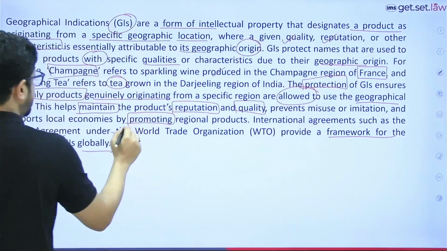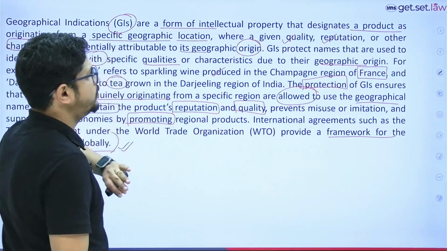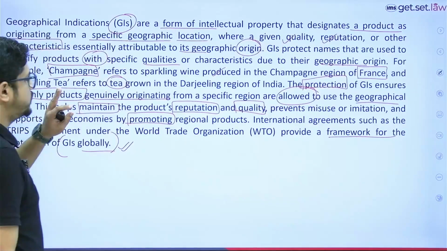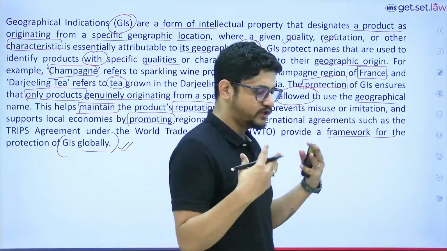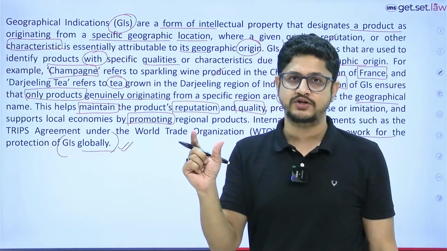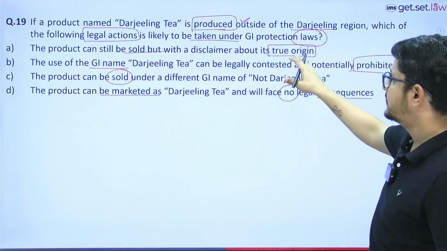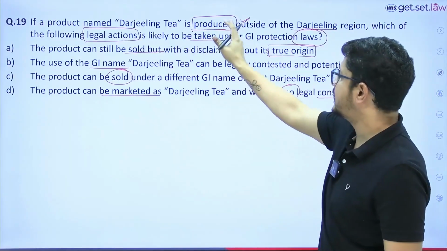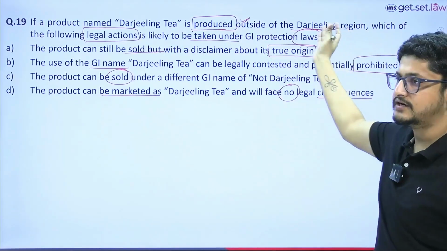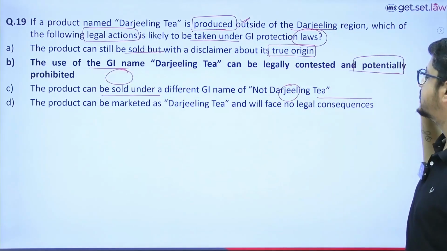They want to maintain this, they want to promote regional products, and it is not allowed to use the geographical name. Only those originally originating from that region can use it. Don't use the term Darjeeling tea unless you are the producer there. If the product named Darjeeling tea is produced outside the Darjeeling region, how is it possible? This is something violative. So option B is the correct answer.